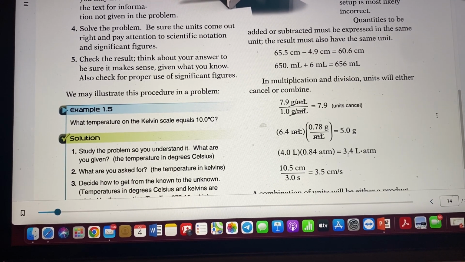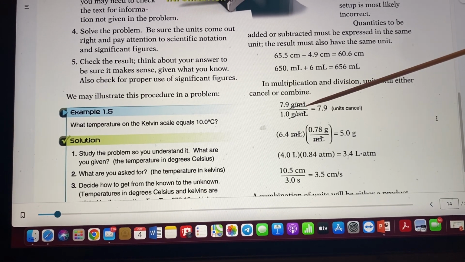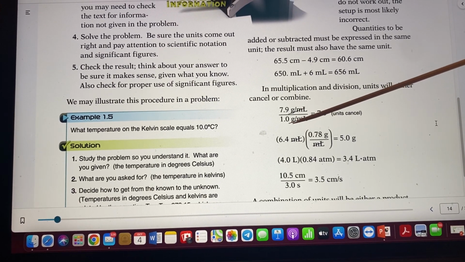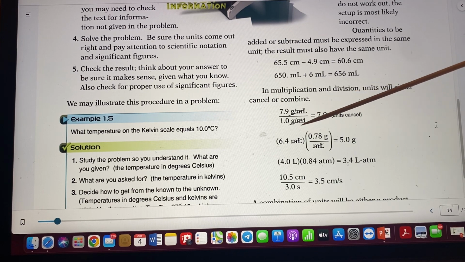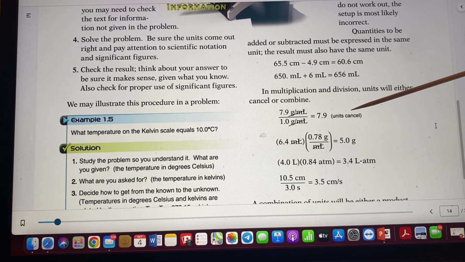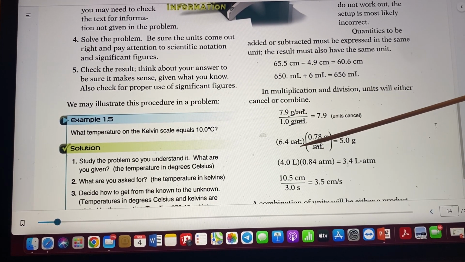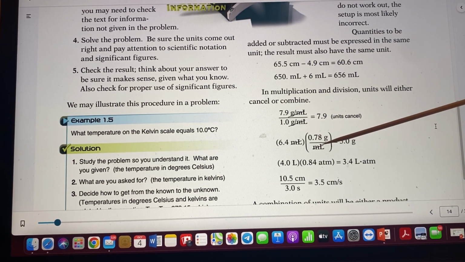Now, multiplication and division. You have 7.9 grams per milliliter divided by 1 gram per milliliter. First of all, I could get rid of the gram per milliliter, and then you basically have 7.9, with no units because the units canceled themselves. Here's another one: 6.4 milliliters times 0.078 grams per milliliter.